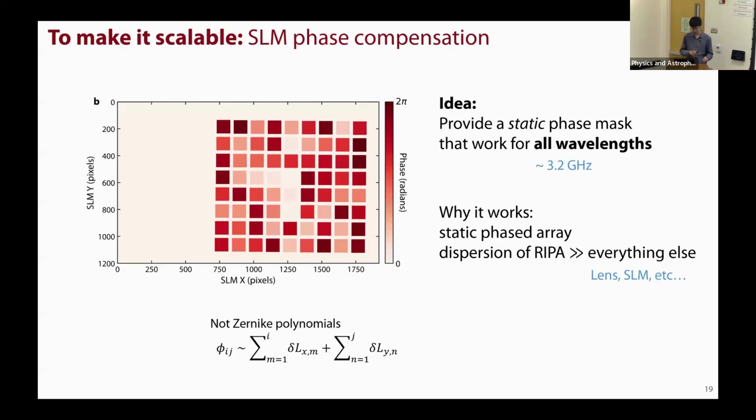The second reason is that the RIPA round trip itself has much more dispersion compared to the other components in the device, such as our lens, our SLMs, etc. So these components have essentially no dispersion within the gigahertz scale frequency span. Therefore, this calibrated phase mask can work for all wavelengths.